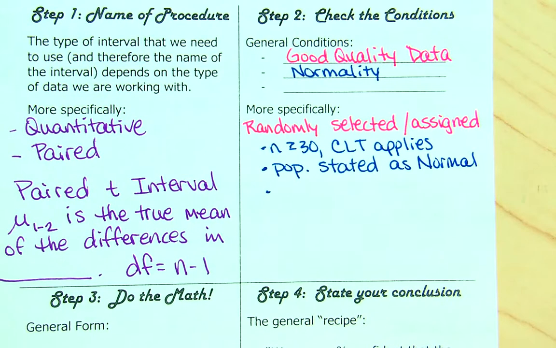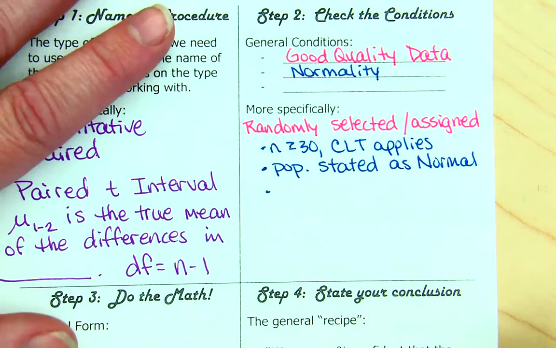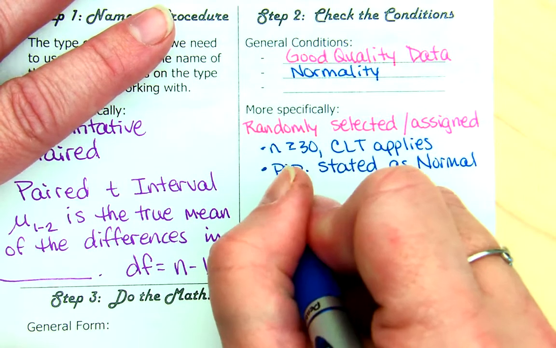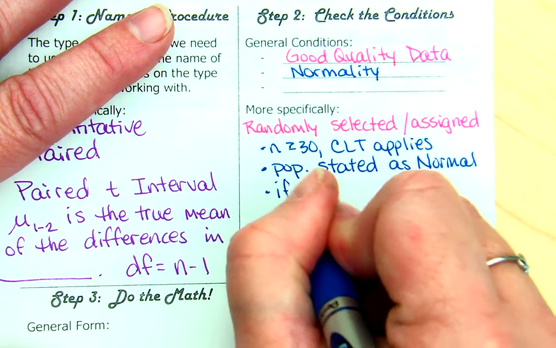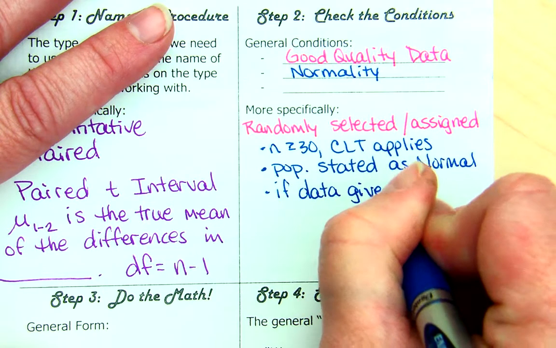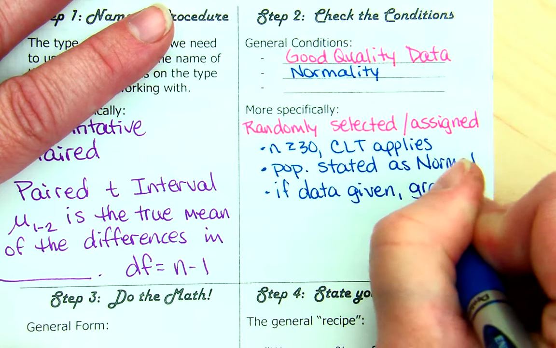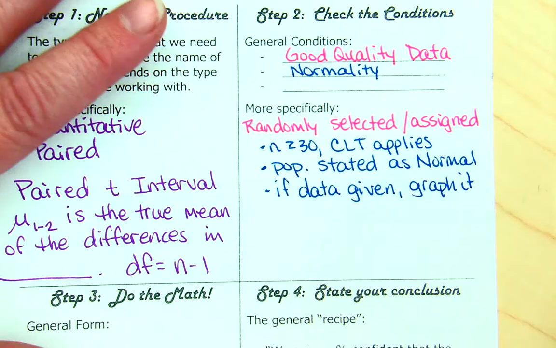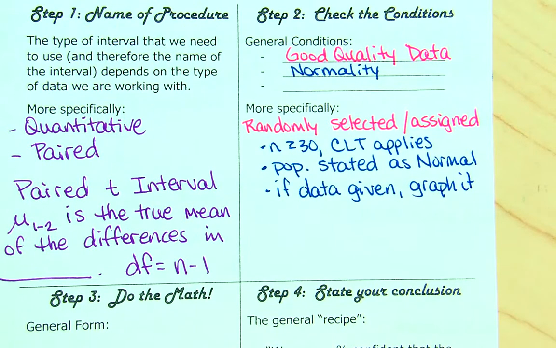And then the third one, and this one is the one we're going to be using on today's example, is if the data is given. So then we'll graph it. And when I say graph it, it doesn't just mean graph it on your calculator and then describe what you see. You need to sketch the graph on your paper and describe what you see.